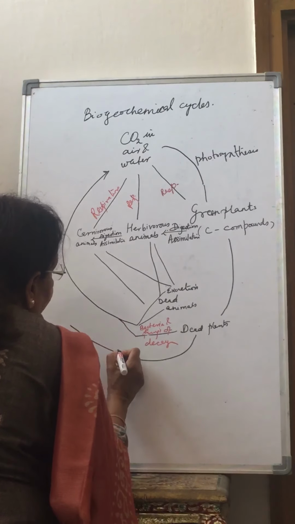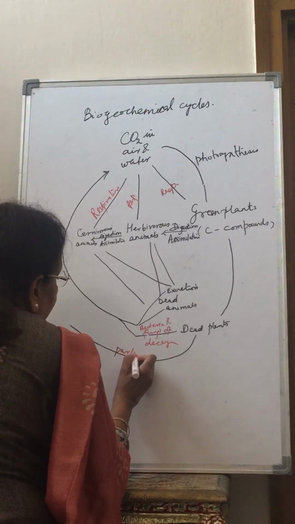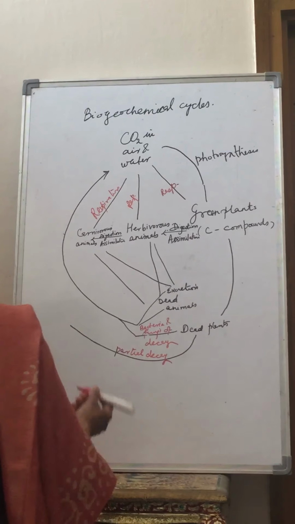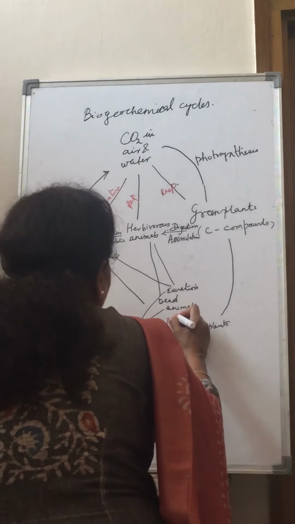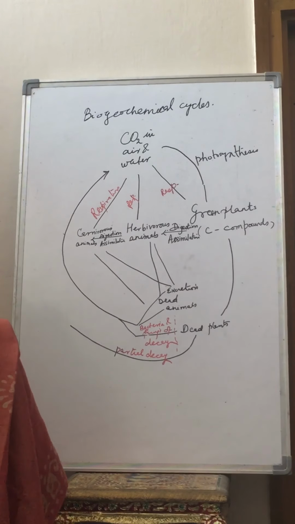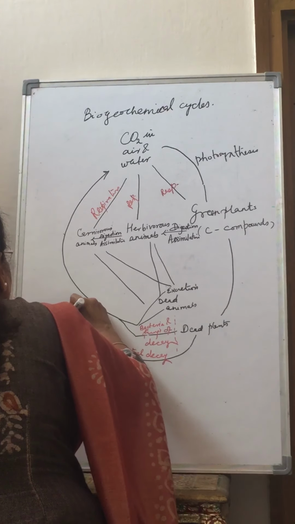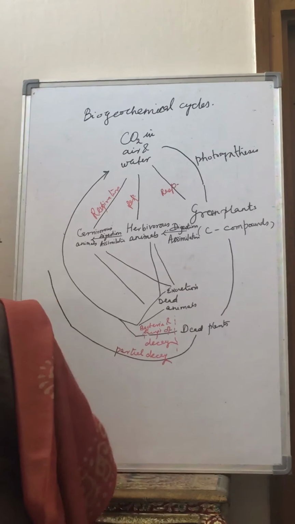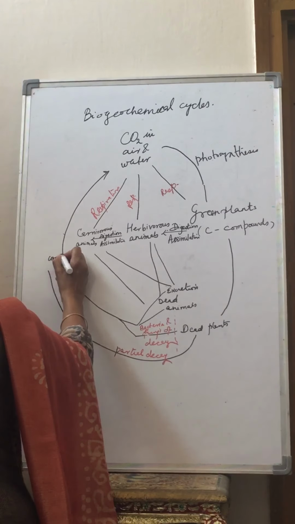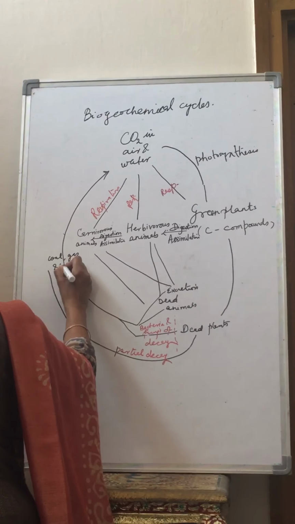Now by partial decay of the dead plants and animals also, what is formed is coal, gas, and petroleum.